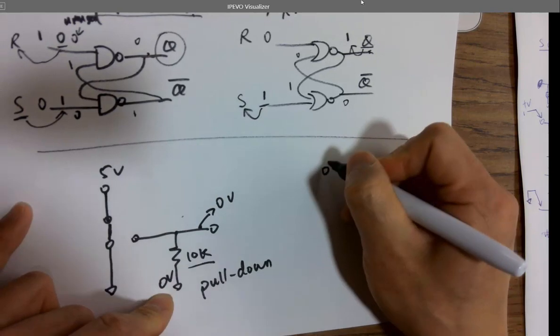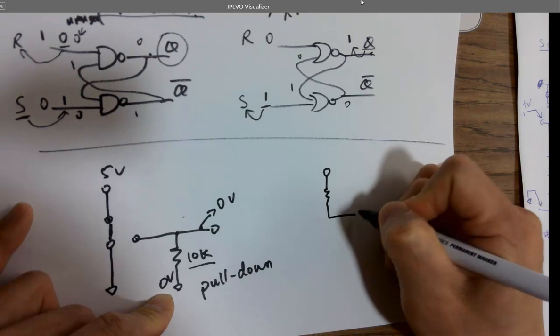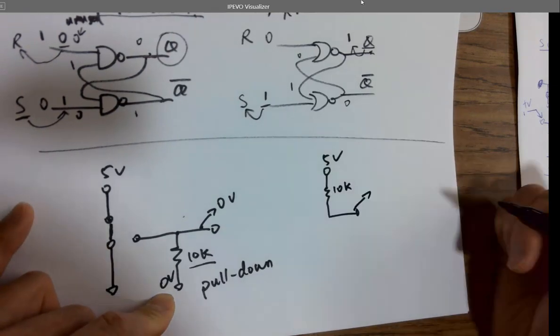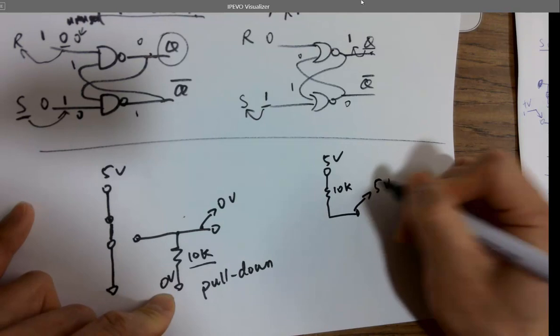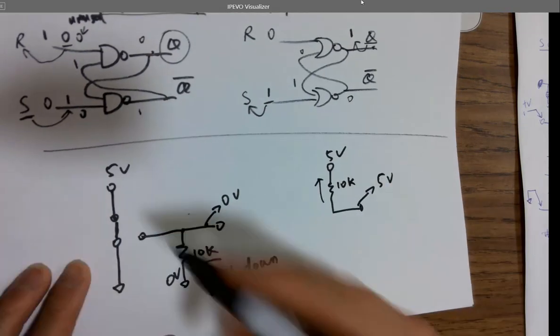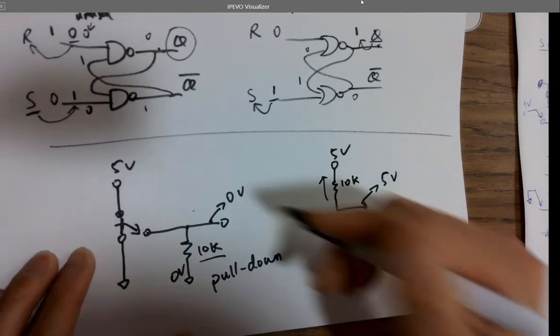So if I have a circuit like this, what's the voltage here? 5 volts. It's being put up to 5 volts, okay? So at the moment that I switch this one to this terminal, what's going to happen to this terminal?